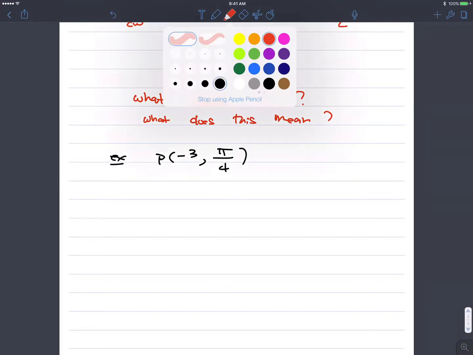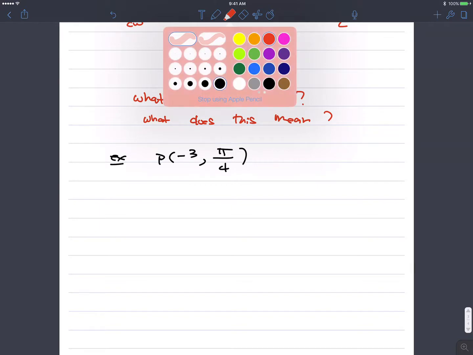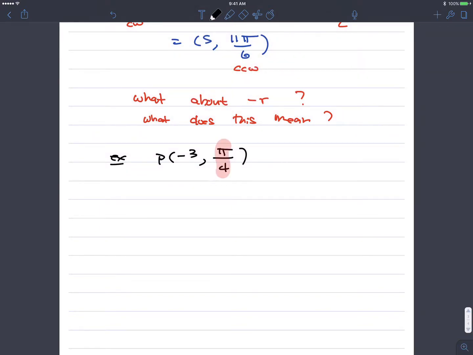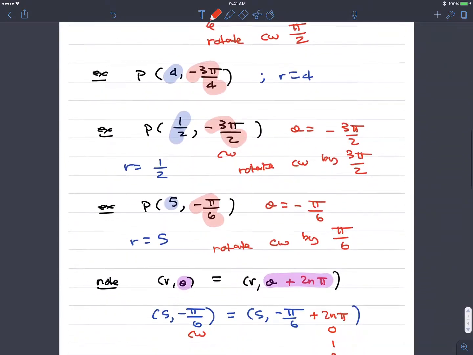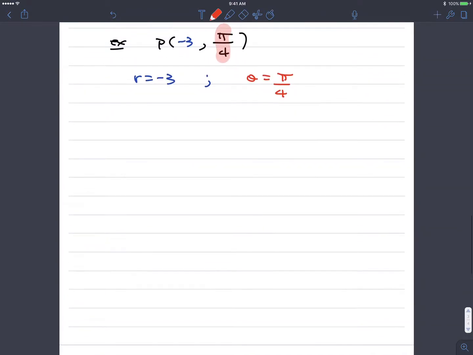Your radius here is negative, but your angle here is positive, by the way. R is negative, but theta is positive. So the question now is, what in the world do we do? Well, let's leave this behind and start fresh.